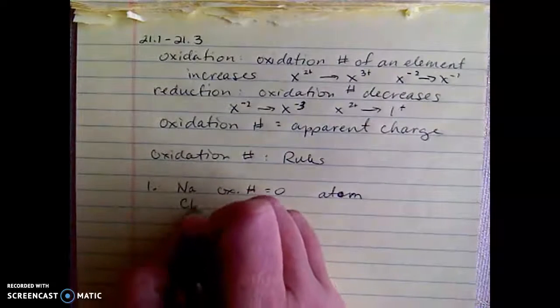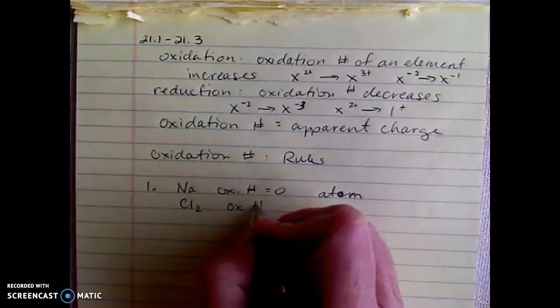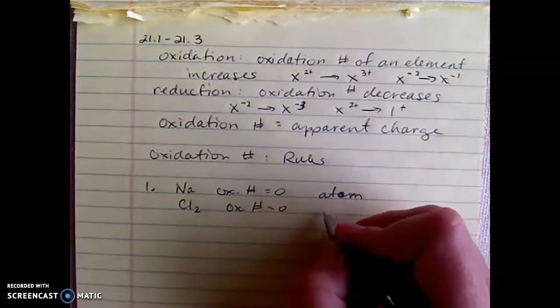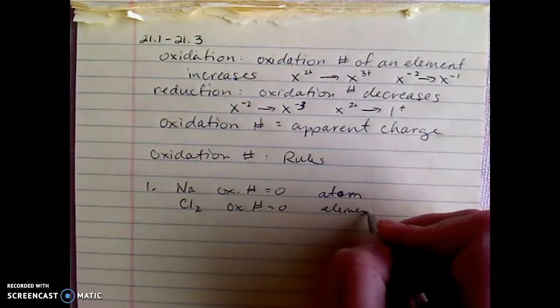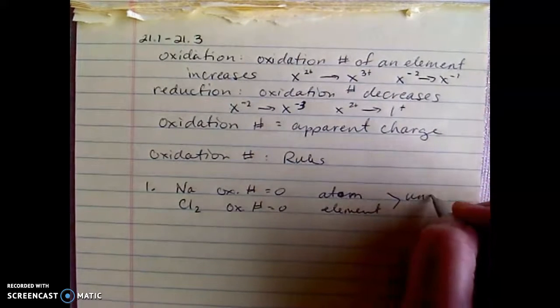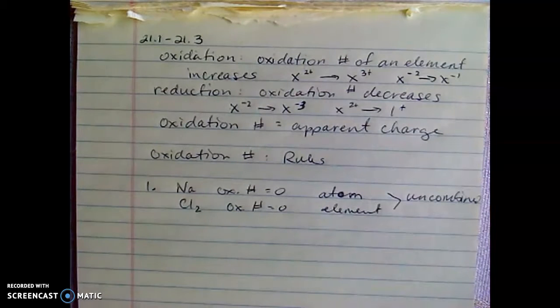Maybe you see something like a diatomic element. Again, its oxidation number is still 0 because it's still just an element. These are uncombined, so they will have an oxidation state of 0.